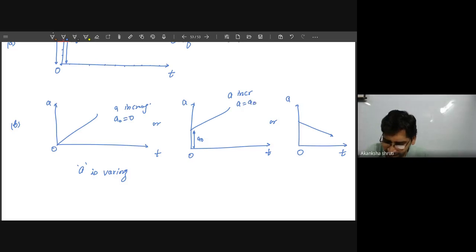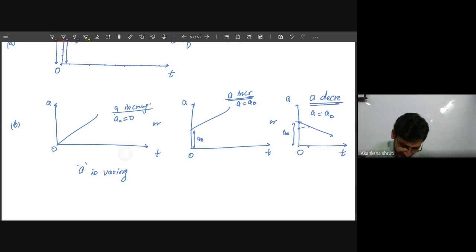In this case, the initial acceleration was A0, whatever this value. But this acceleration is decreasing because at t equals 0, it has this A0 value. If you move ahead on the horizontal axis, you will reach a certain other point which has a lesser value of acceleration. So acceleration is decreasing. Okay, so these are the three situations for the acceleration.